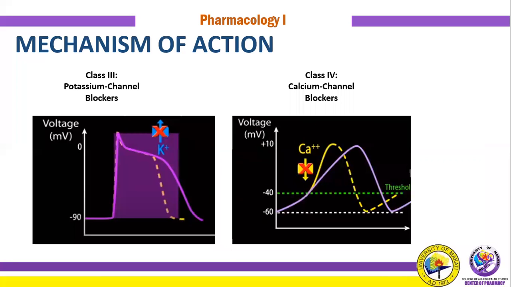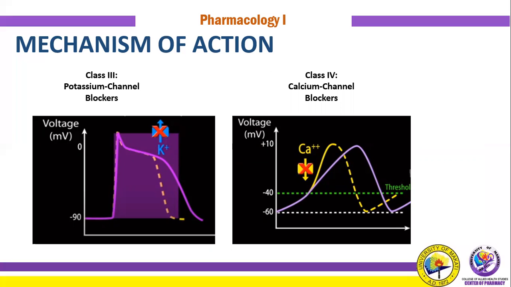So next is class 3, potassium channel blockers. These agents block the potassium channel responsible for the repolarizing phase. So this is where the torsades de pointes I mentioned earlier comes in. The downward line is the repolarizing phase.